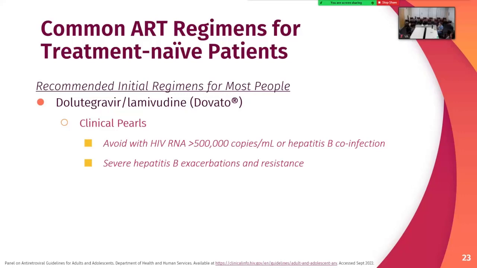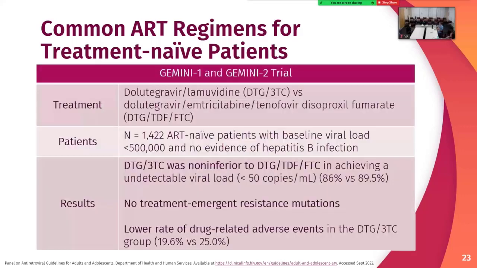So when looking at how effective this 2-drug regimen is, this was proven in the GEMINI-1 and GEMINI-2 trials, which compared dolutegravir-lamivudine to dolutegravir, emtricitabine, and tenofovir disoproxil fumarate. And they had about 1,400 ART-naive patients that had a baseline viral load of less than 500,000 and didn't have any hepatitis B co-infection.